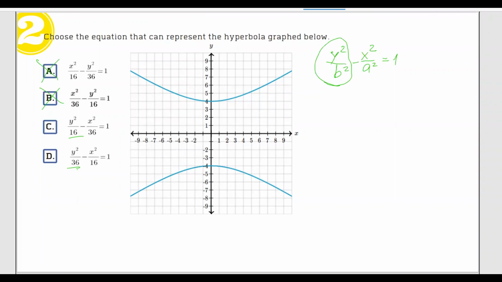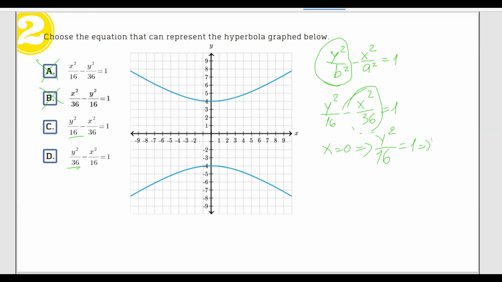The first thing to do is take C: y squared over 16 minus x squared over 36 equals 1. If I set x equals 0, I get y squared over 16 equals 1, because the other term becomes 0.